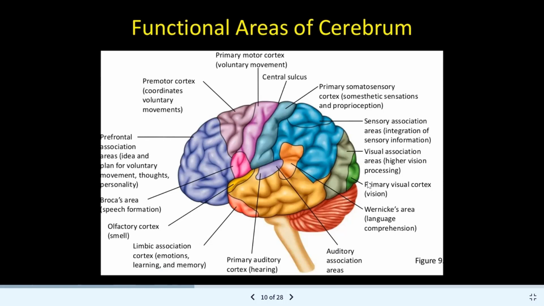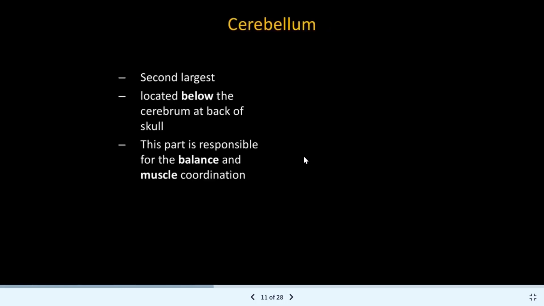Primary visual cortex, this is the part which is responsible for vision. Visual association areas are related to higher vision processing. Sensory association areas are related to integration of sensory information. Primary somatic sensory cortex is related to somesthetic sensation and proprioception. This is the central sulcus. Okay. So each part is mentioned and its function is also described here. Okay, so you can see this one.